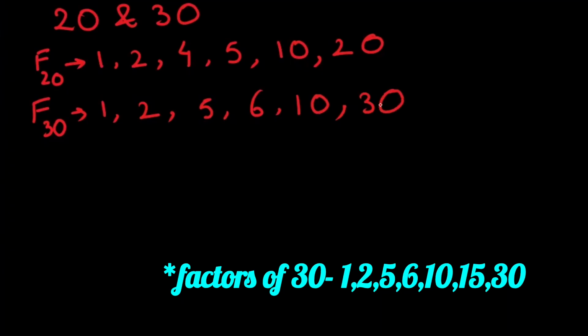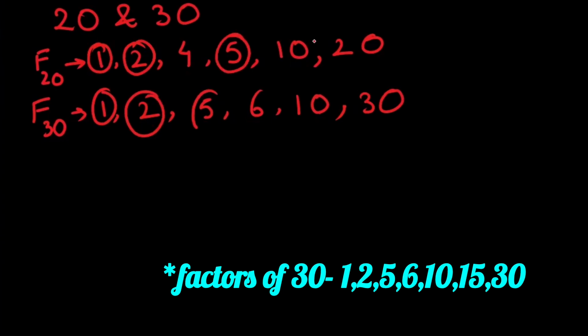Now what we have to do? What will be the next step in this one? We have to look for all the common factors. 1 is common here, 2 is common here. What else? 5 is common here and 10 is common here.